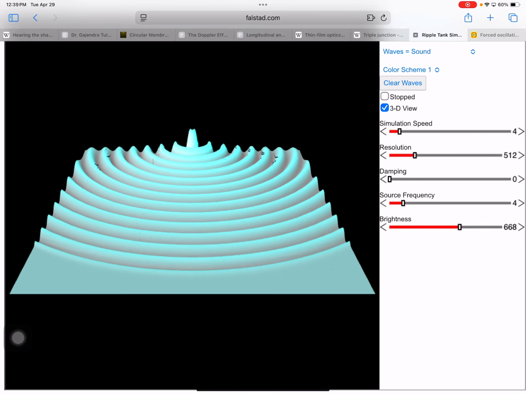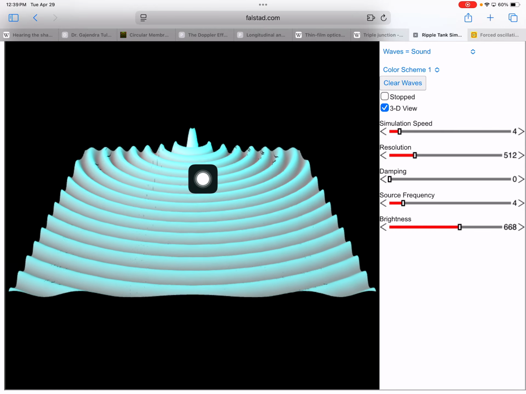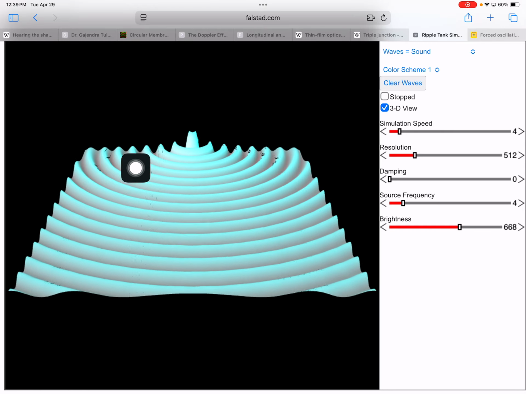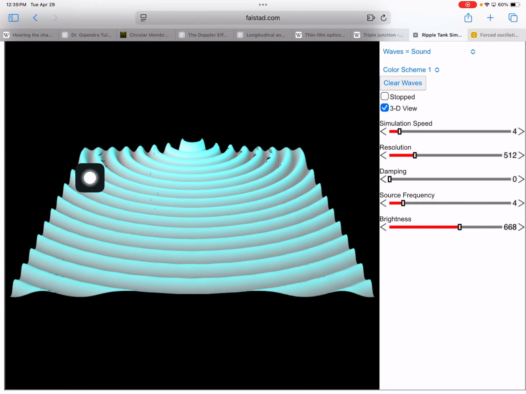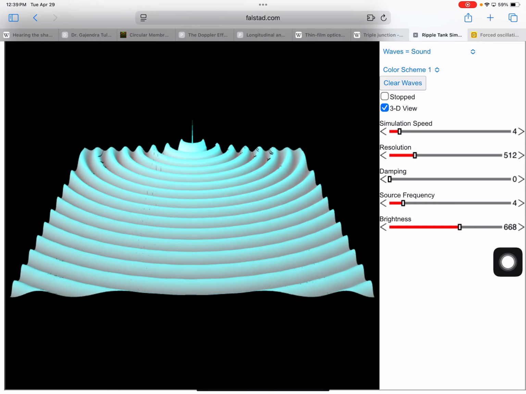Okay, so this is a ripple tank. There's an oscillator hitting the water. And you see when it hits the water, it's creating a crest. And all these crests that were created at the same time, that's a wavefront.